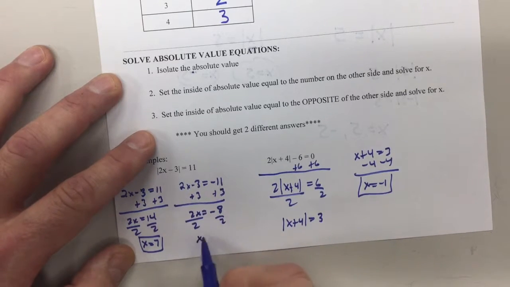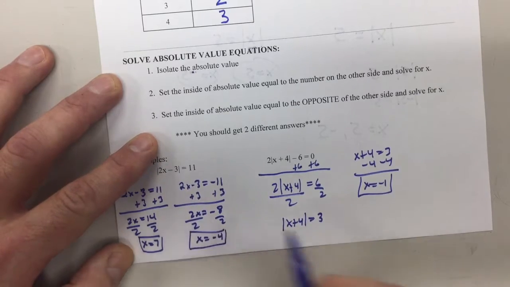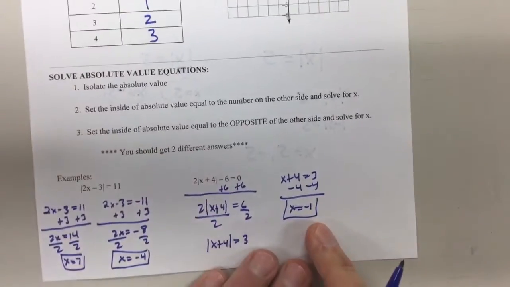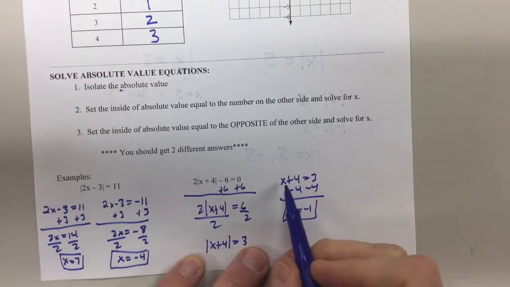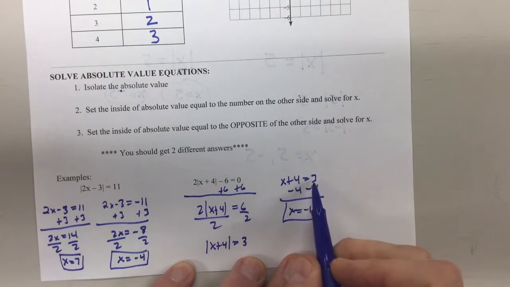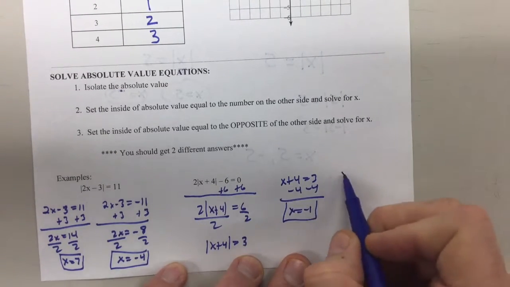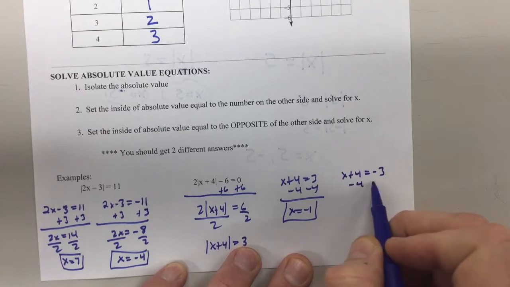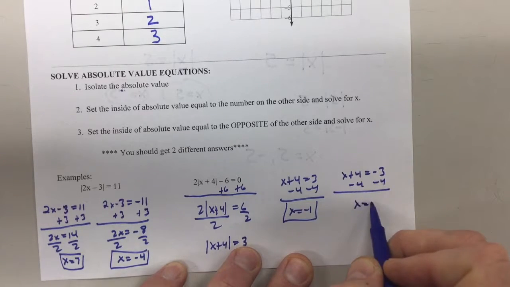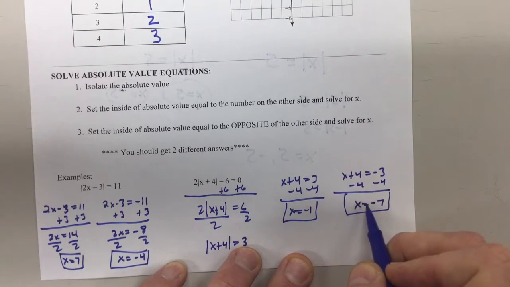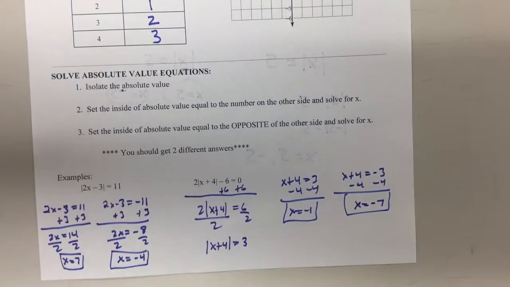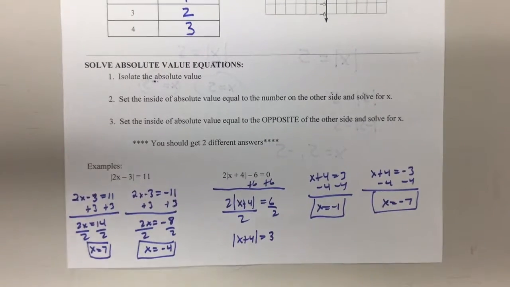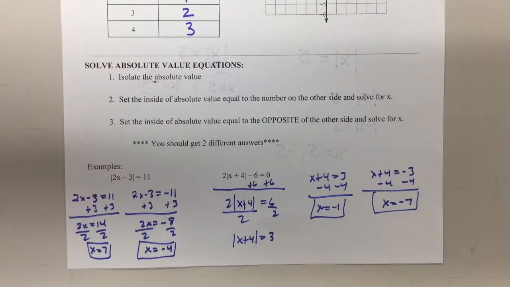Divide by 2, I get x is negative 4. Same thing over here. I set x plus 4 equal to 3, but I also have to set x plus 4 equal to negative 3. So I subtract 4 from both sides, I get x is negative 7. So absolute value equations always have two answers, a positive answer and a negative answer.